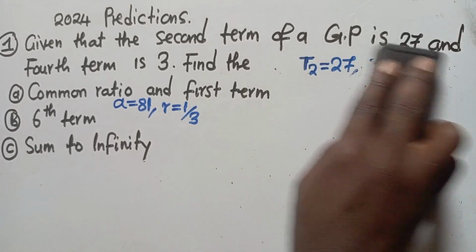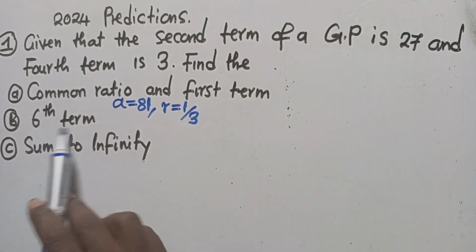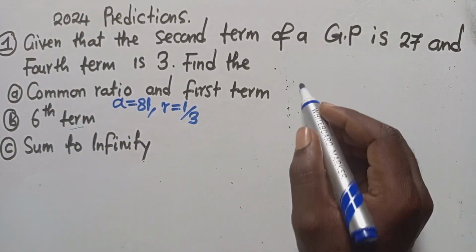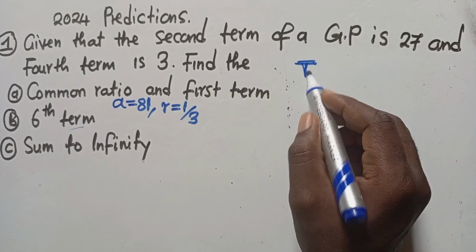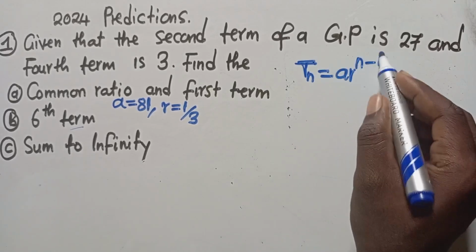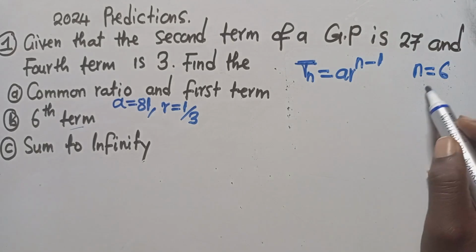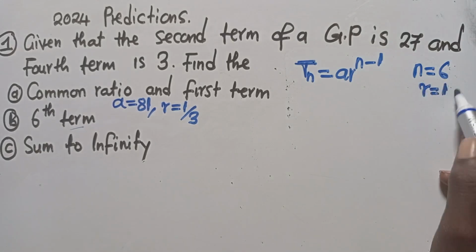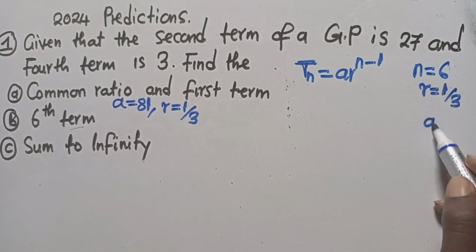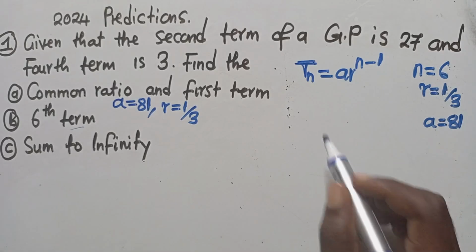I guess you are getting something here. Find the sixth term. The formula for the nth term is this one. Where there is n, I know that n is 6. The common ratio I have is 1 over 3, and the first term is 81. I just substitute this data there.